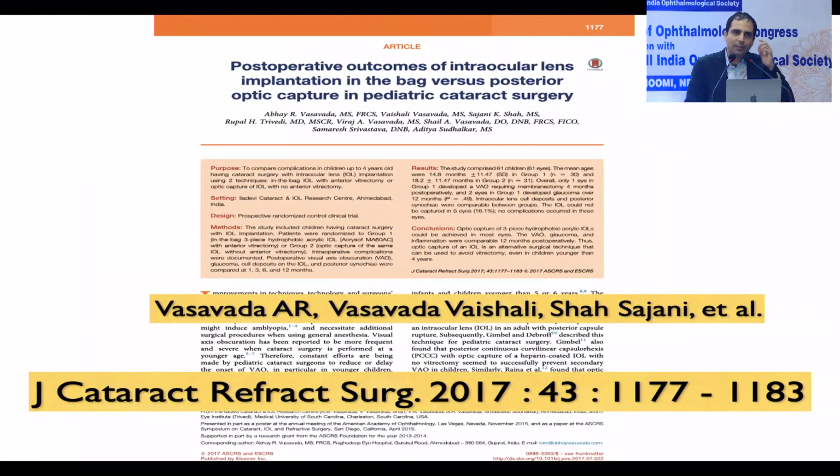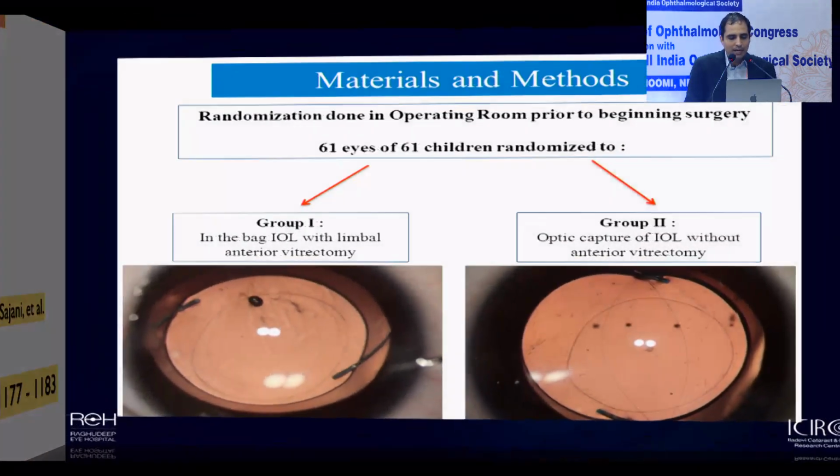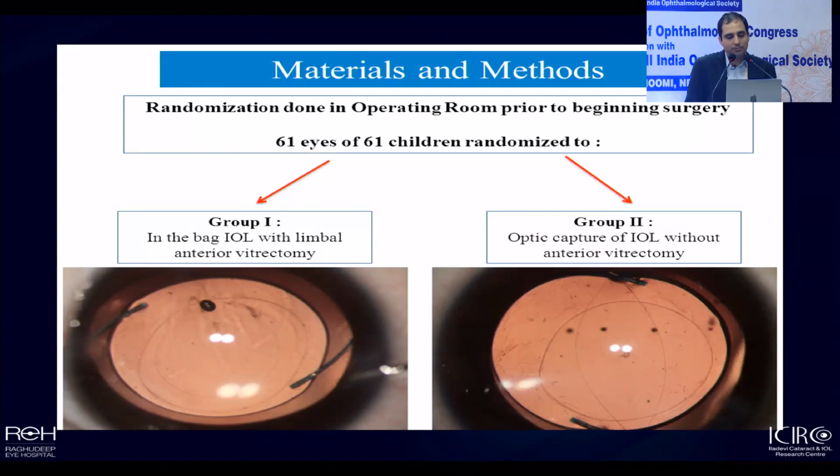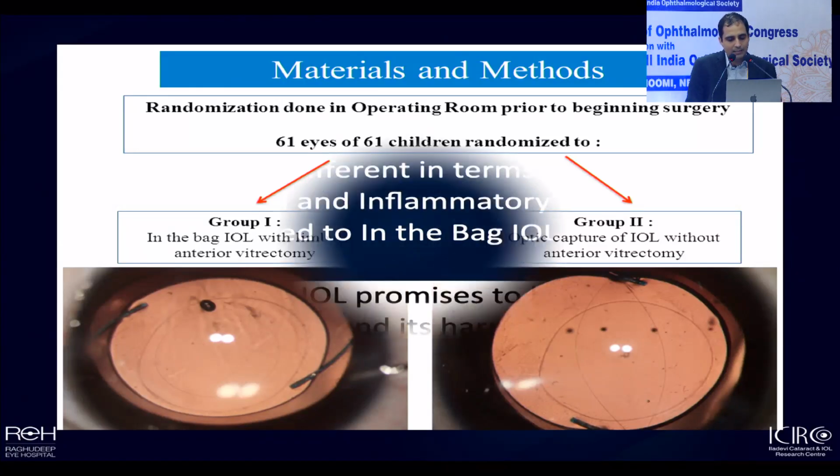And we published this with research grant support from the American Academy and ASCRS, the American Society of Cataract and Refractive Surgery, comparing in-the-bag IOL implantation with vitrectomy and only optic capture without vitrectomy, and we found that the outcomes were very similar in terms of visual axis obscuration, inflammation, and glaucoma.